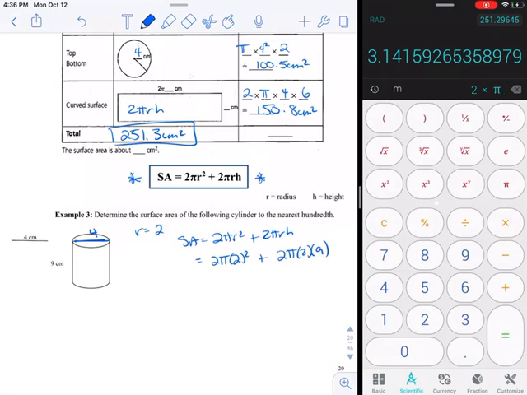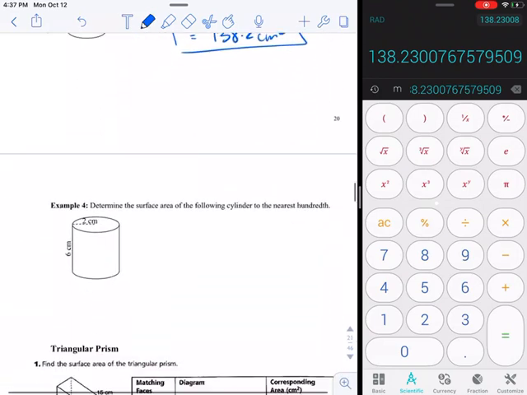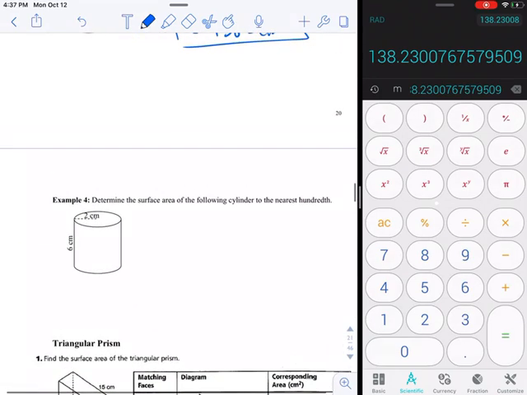So the total looks like 138.2 centimeters squared.